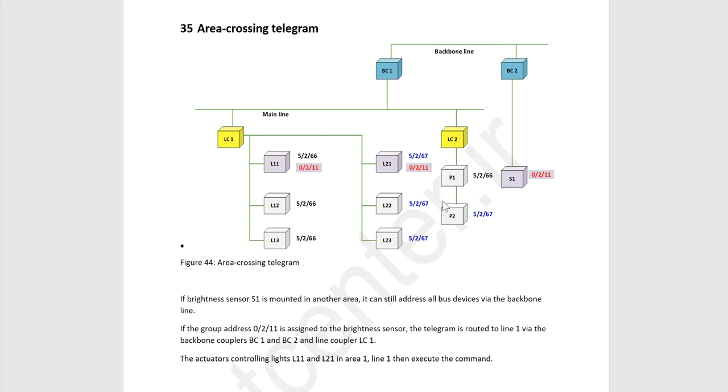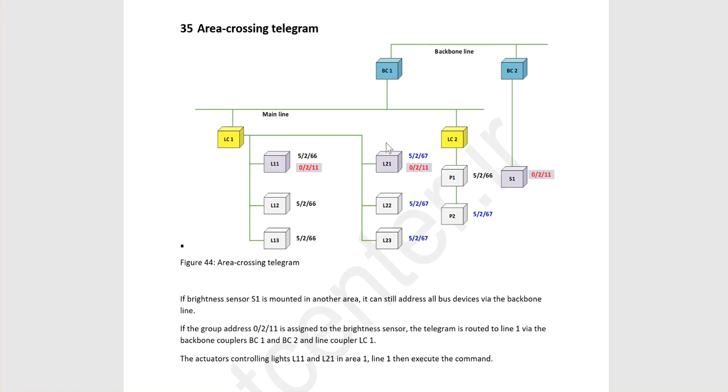In line coupler 2 we connect the push buttons, and we have another area, area number 2, apart from area number 1, and in area number 2 we put the outside sensor. So now in this project we have area number 1 and area number 2. We connect these two areas with the backbone coupler, and also in area number 1 we have two lines.